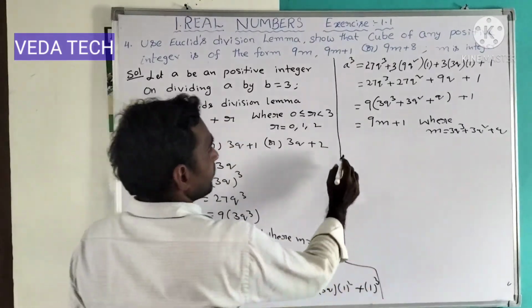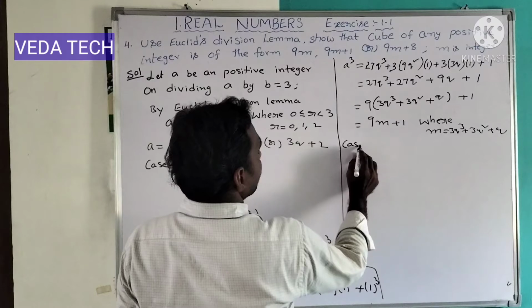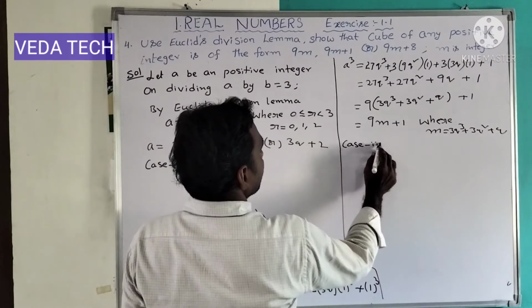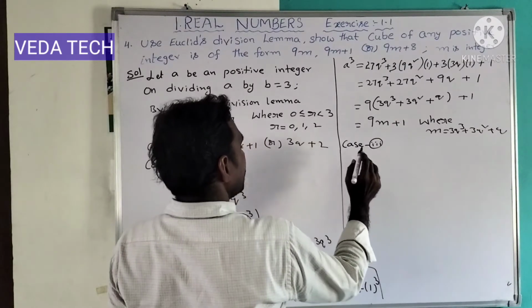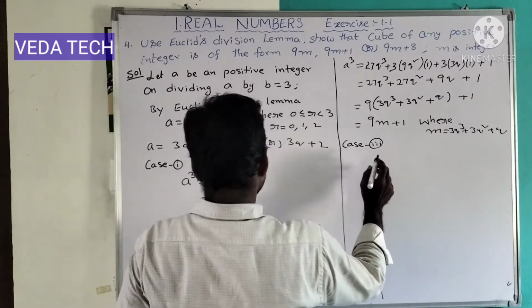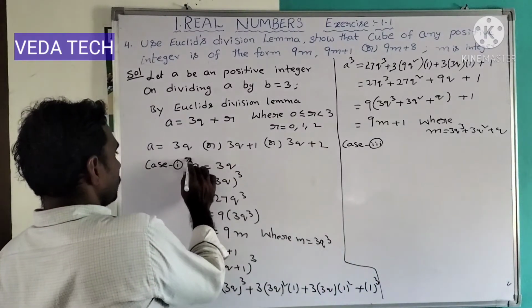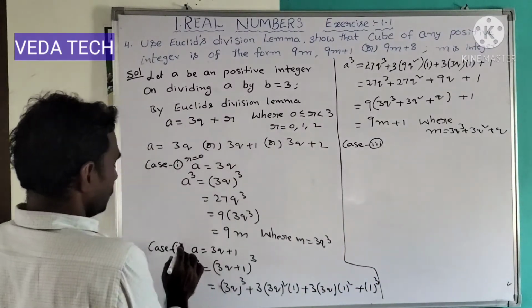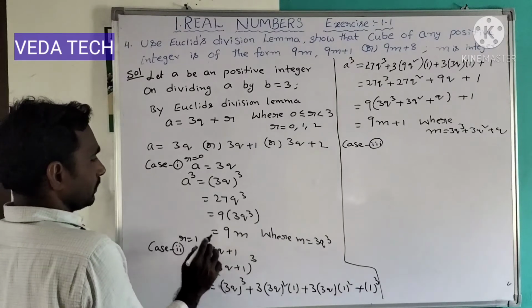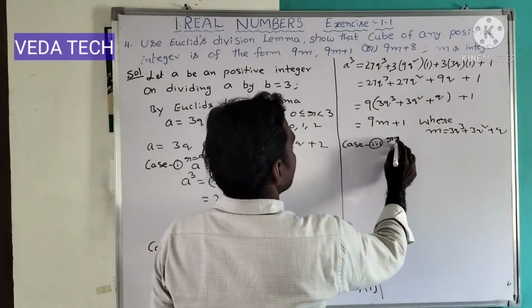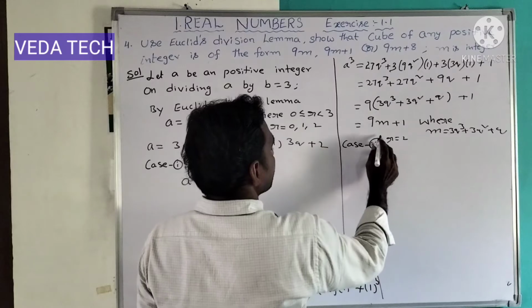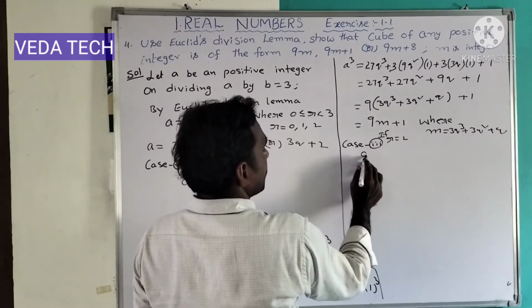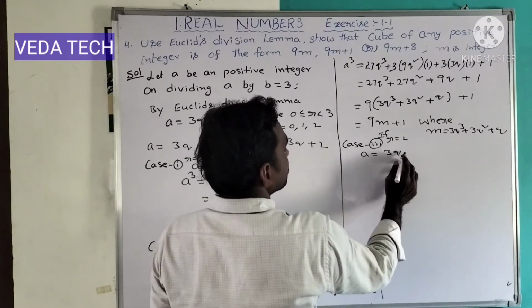Next case 3: if r is equal to 2, then a is equal to 3q plus 2.